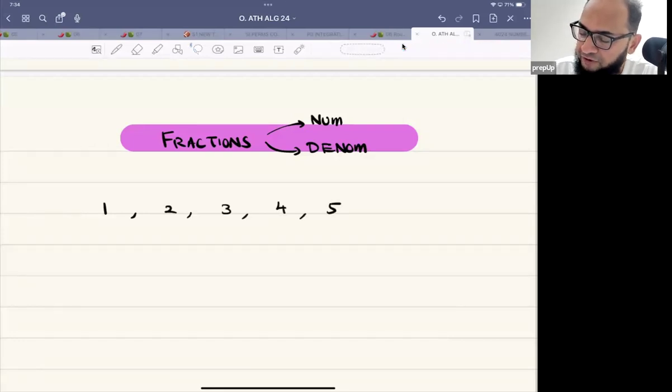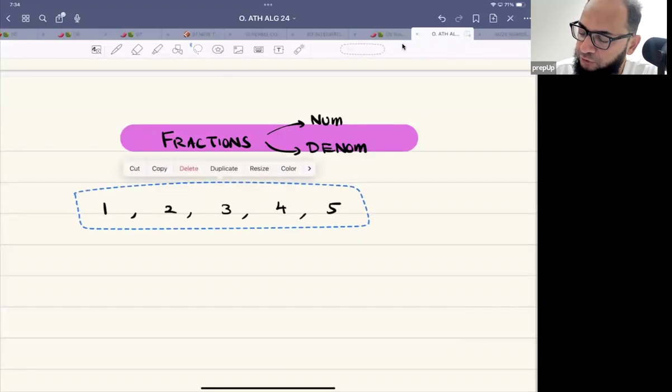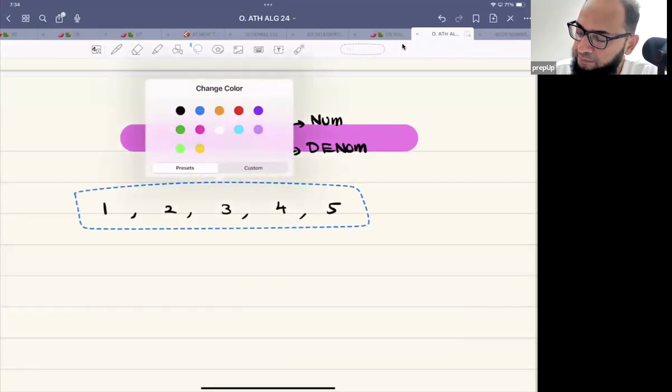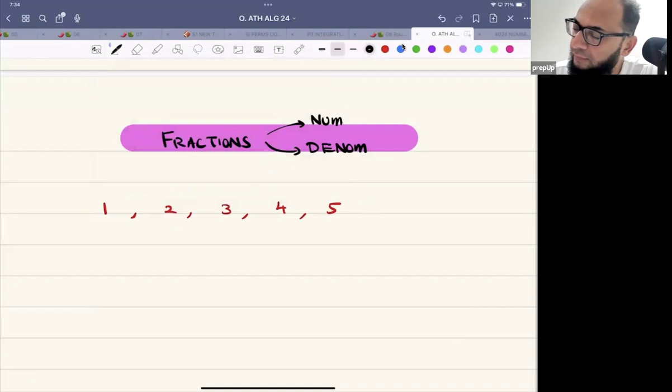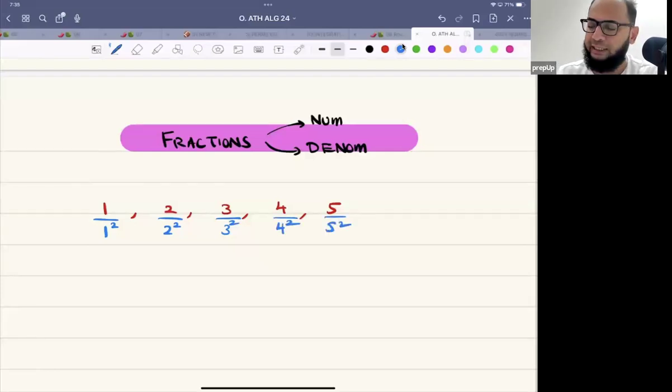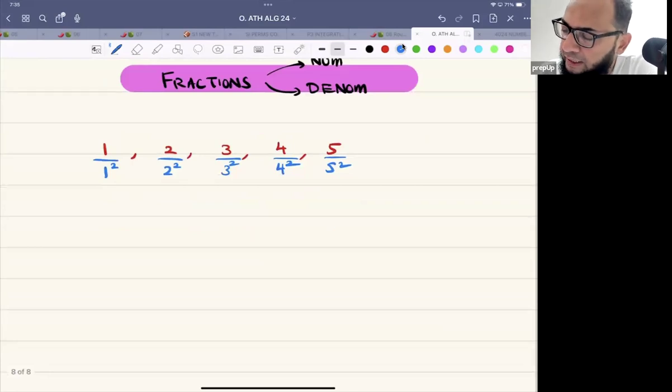So 1, 2, 3, 4, 5. Let me just change the colors of these and write them in red color. And then underneath, this is 1 square, this is 2 square, this is 3 square, this is 4 square, this is 5 square. Maybe a pattern like this. Someone can make up a pattern.